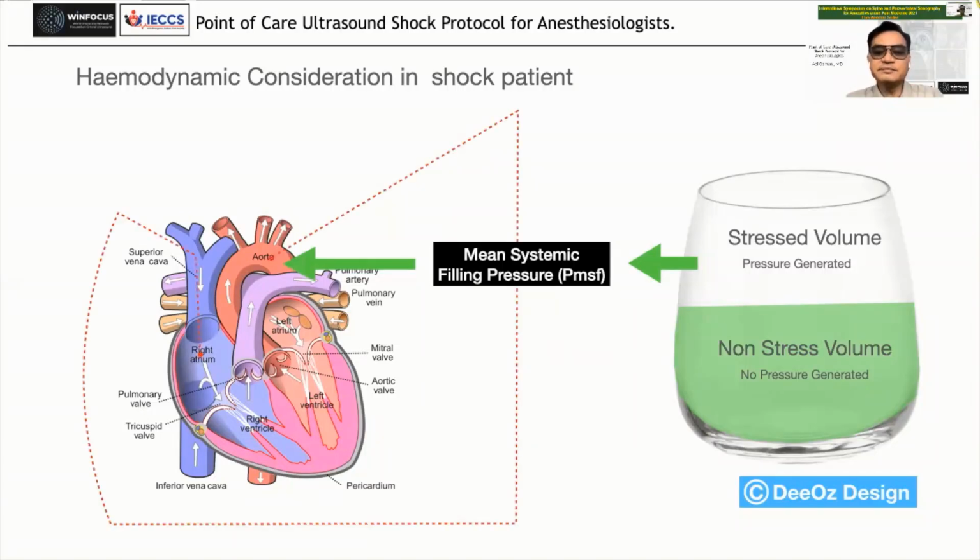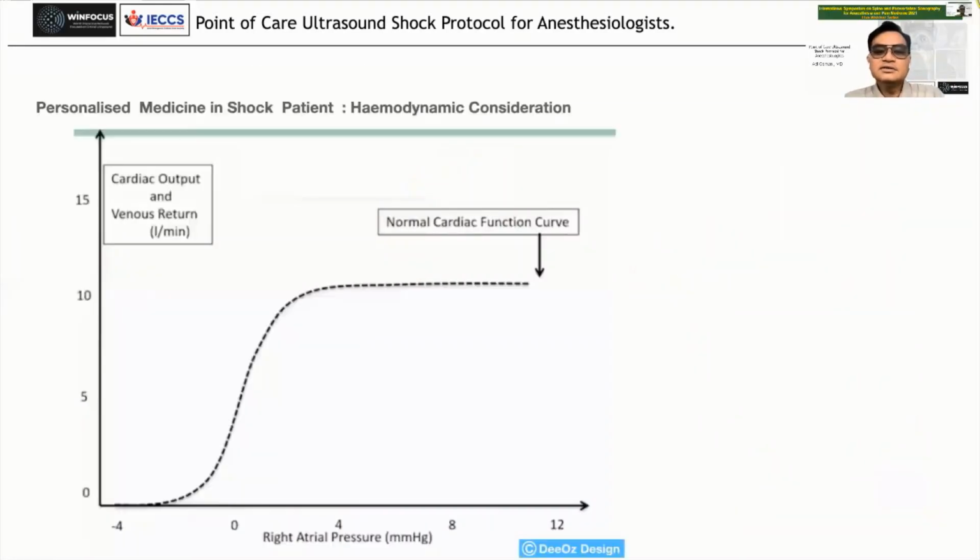And this systemic filling pressure is the one pressure that pushes the blood from point A, which is after the LV, into the arterial circulation and back into the right side of the heart. The other basic fundamental hemodynamic that we need to understand is what we call the venous return gradient. Looking back at this Frank-Starling curve, we know this is a normal cardiac function curve.